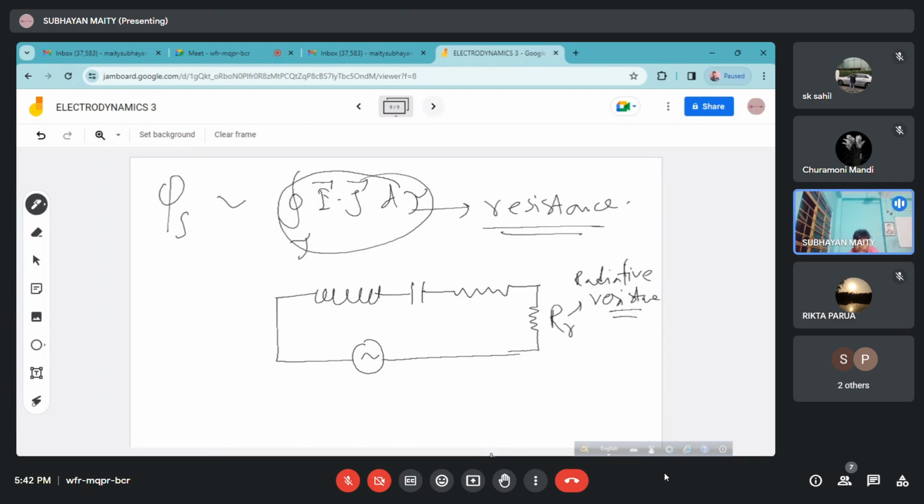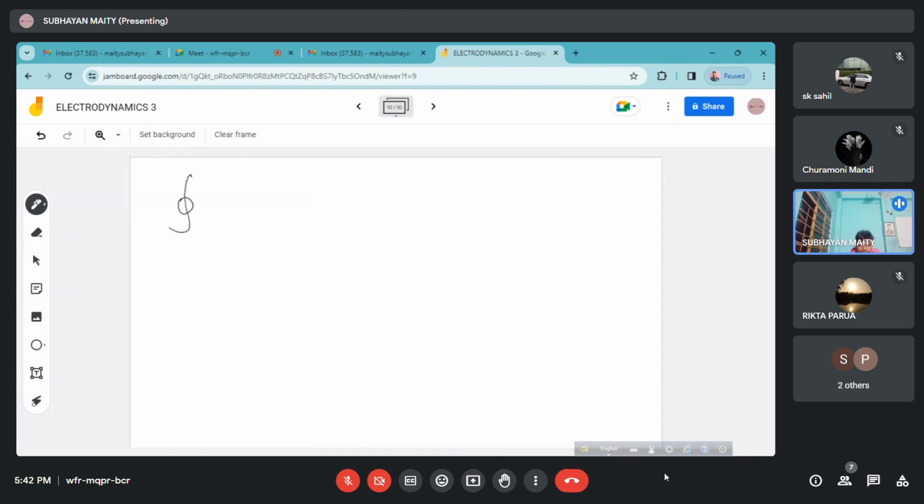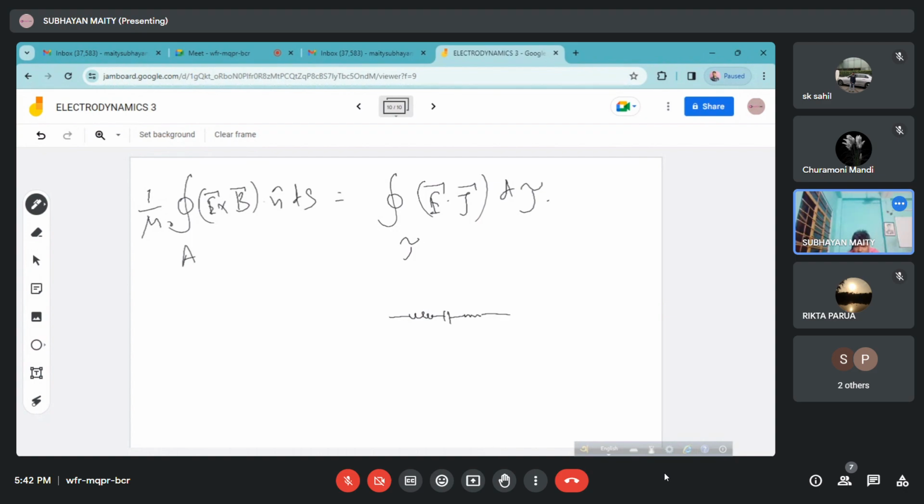Okay, now you have 1 by mu naught E cross B dot n cap dA is equal to integral of E dot J d tau. Now you have a small LCR circuit here, some AC circuit and another resistance, and this is a closed surface S or A basically.